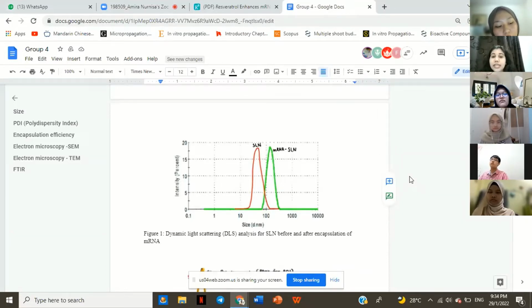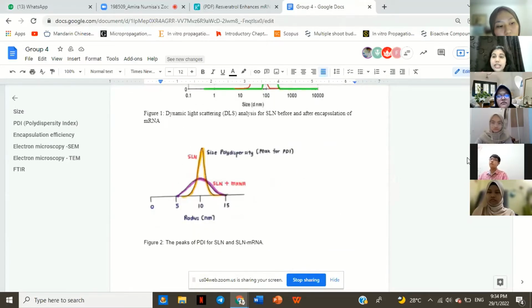But then, as you can see in figure 2, I think I've indicated a sharp peak, in orange color, that indicates the PDI is low. So when you see a sharp peak, it shows that it's only SLN and there's no mRNA, and the PDI is going to be low. When mRNA is added, there will be a mixture of nanoparticles.